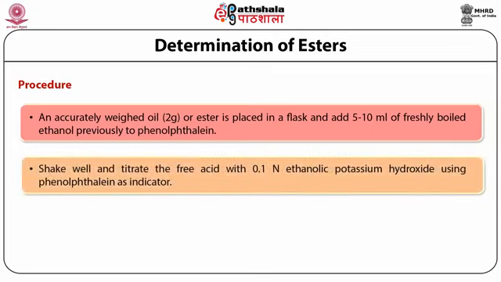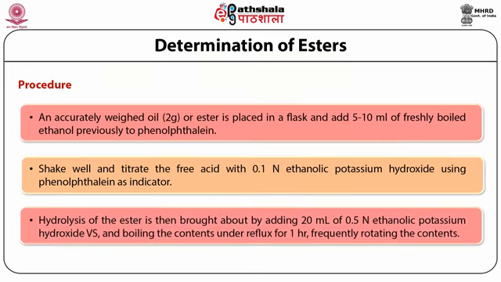Shake well and titrate the free acid with 0.1 normal ethanolic potassium hydroxide using phenolphthalein as indicator. The hydrolysis of the ester is then brought about by adding 20 ml of N/2 ethanolic potassium hydroxide and boiling the contents under reflux for 1 hour, frequently rotating the contents.